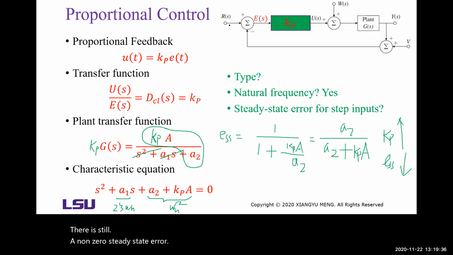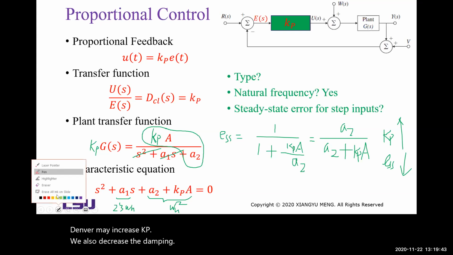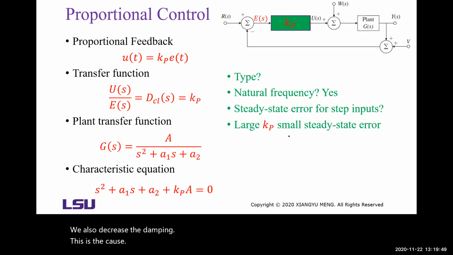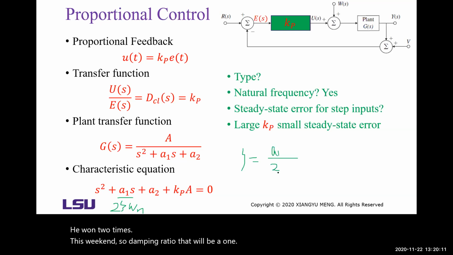Then when we increase Kp, we also decrease the damping. This is because large Kp will give us small steady state error, but we know A1 is 2 times zeta omega n. So the damping ratio will be A1 over 2 omega n.